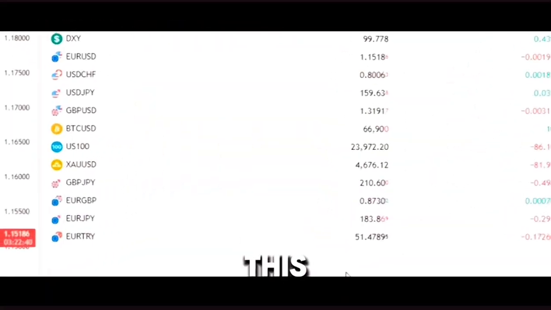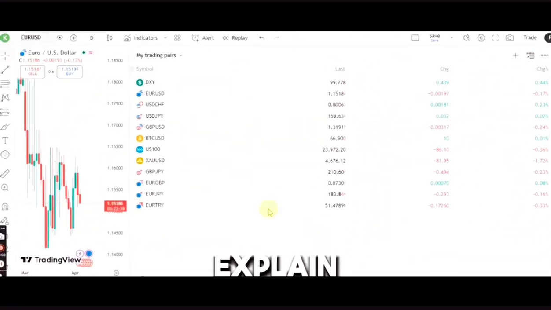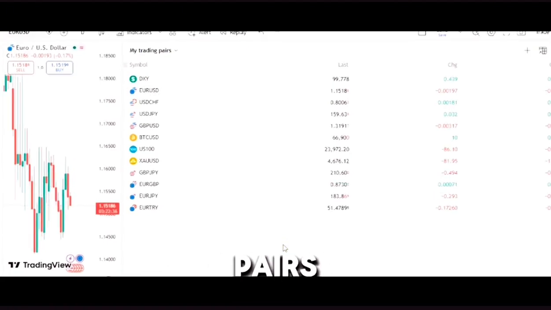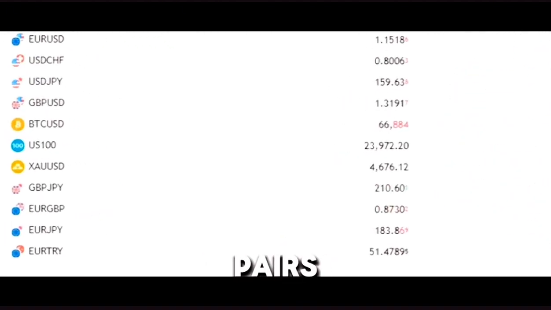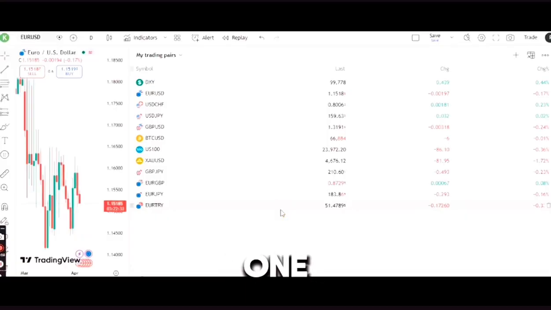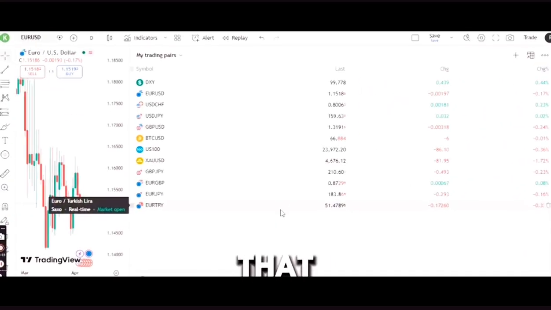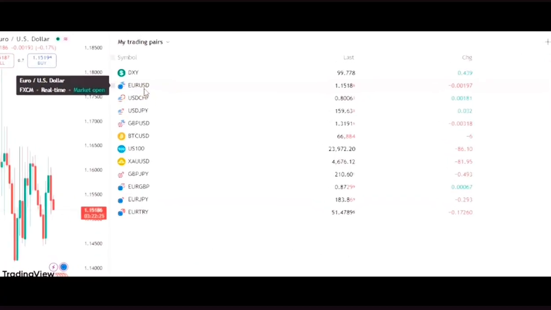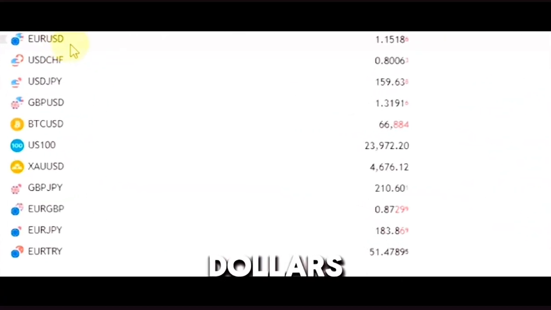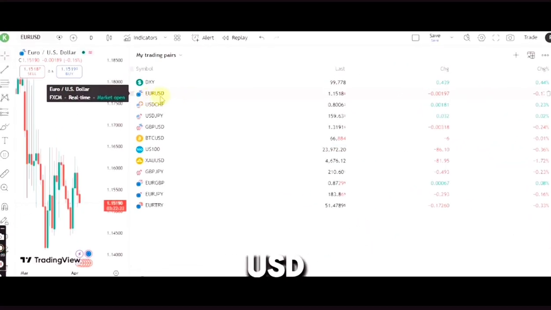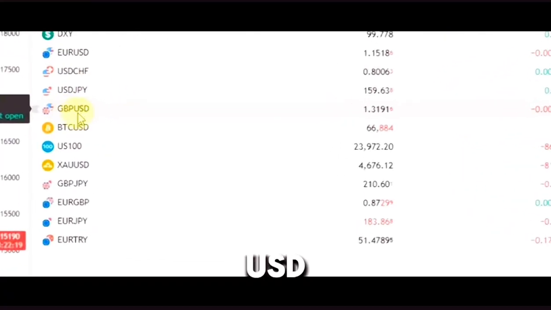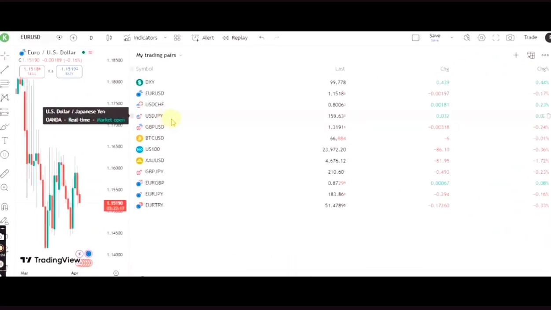I'm going to use these few pairs to explain what I mean by major pairs, minor pairs, and exotic pairs. So let's start with the first one, major pairs. Major pairs are all the pairs that contain USD, that is US dollars. For example, Euro USD, GBP USD, USD Japanese yen.